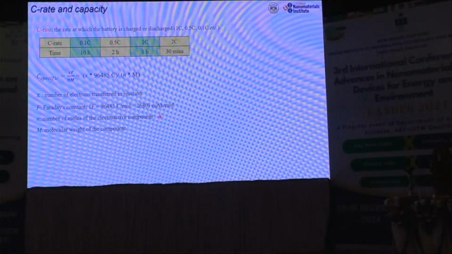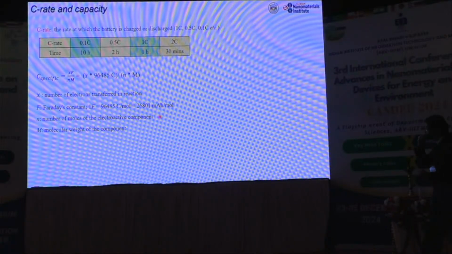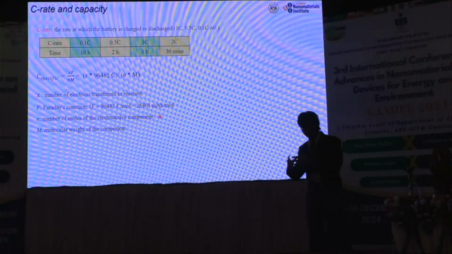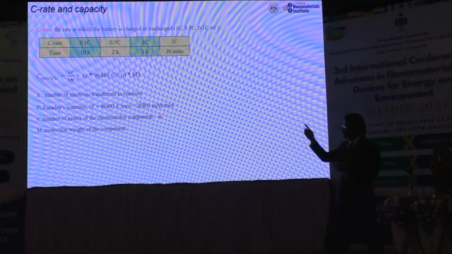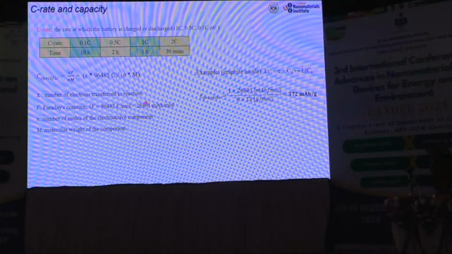And then the last one is how in the world do we know what capacity to expect when we make this battery? That is given by this equation here. X is the number of electrons transferred in a reaction. Let's take a simple reaction, like lithium giving up its electron and interacting with carbon to form LiC6.